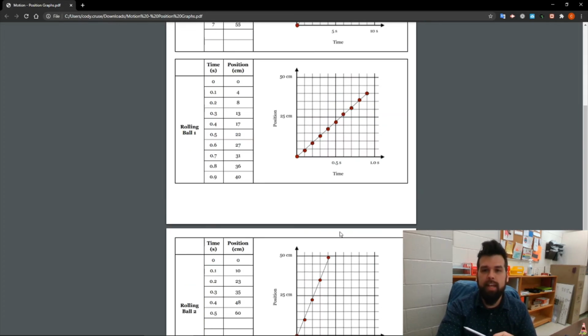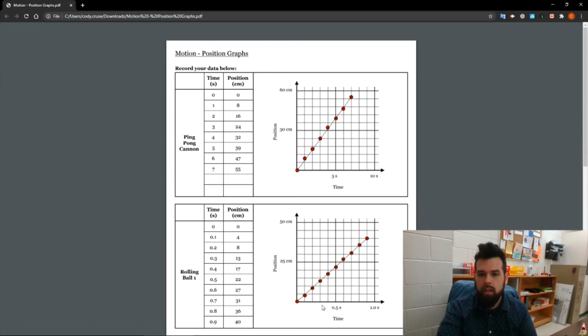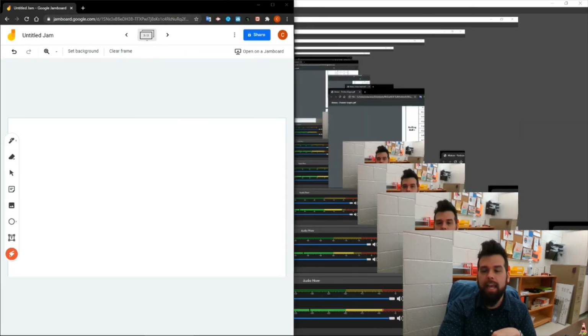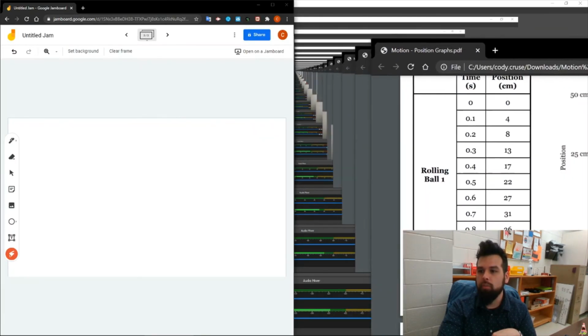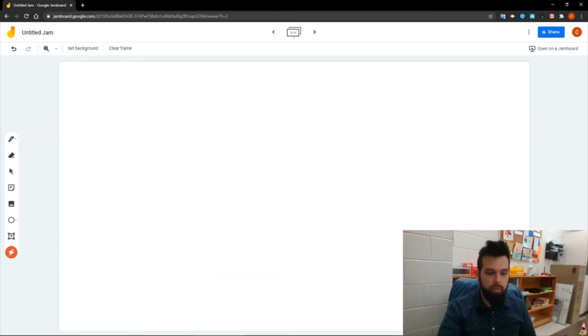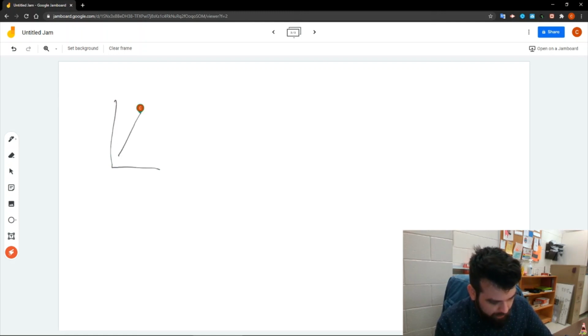Which means that if I had a comparison between 2 more, shoot, I don't have any that are the same scale. But hey, I can always draw one for you myself. So let's say I had a graph that looked like this, a graph that looked like this, and a graph that looked like this.